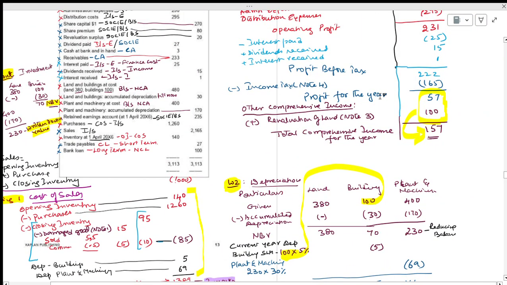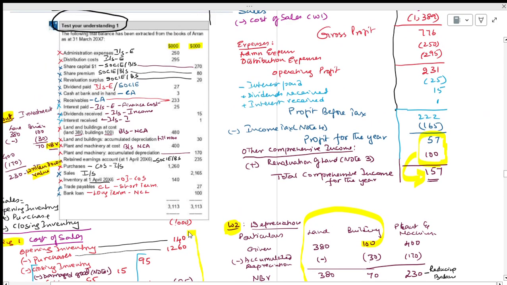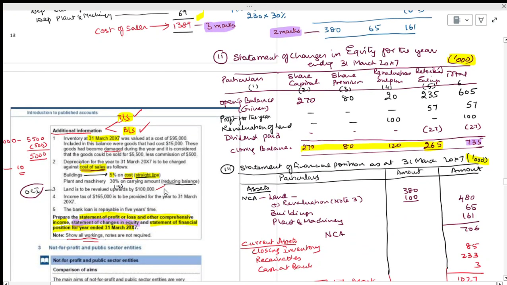That is the advantage. When you put the cross mark, you can understand whether we have covered it or not. If anything is missing, it will be clearly visible. Note 1, note 2, note 3, note 4 and note 5. Okay, we have done all.